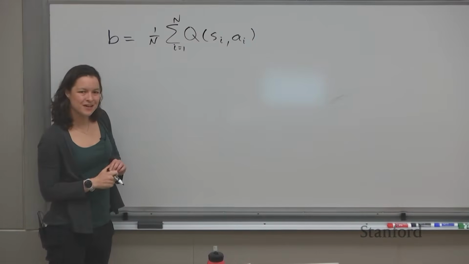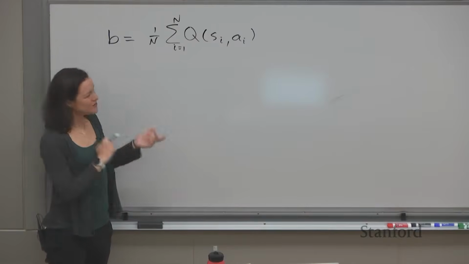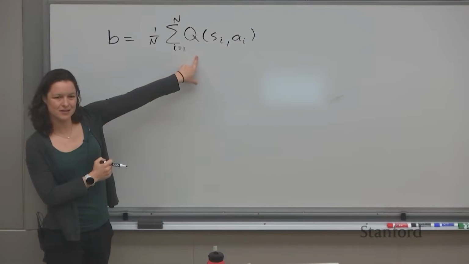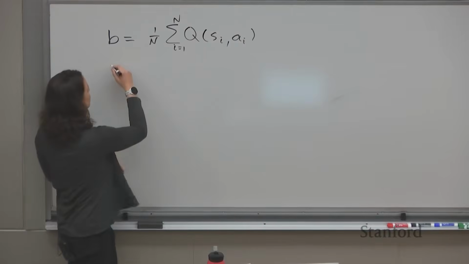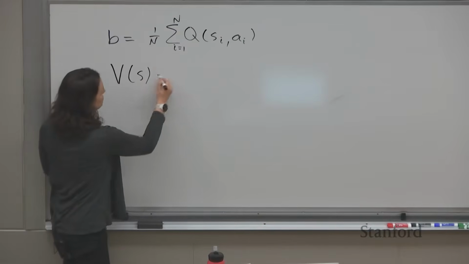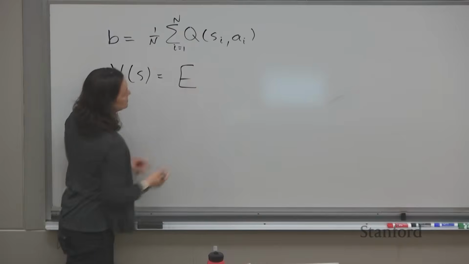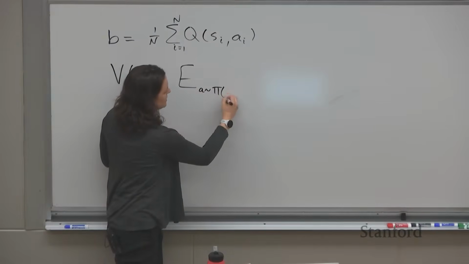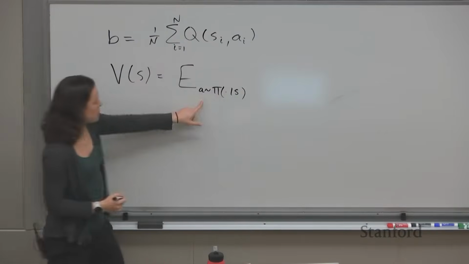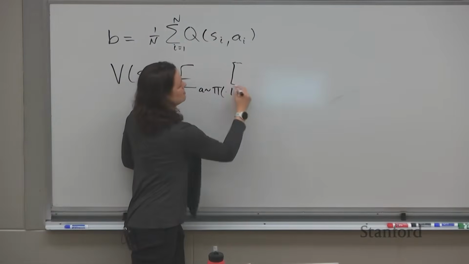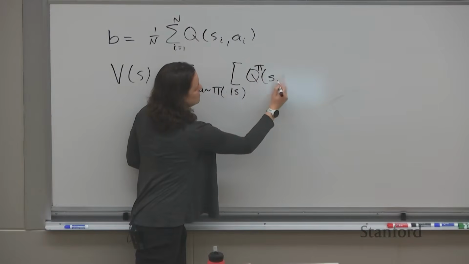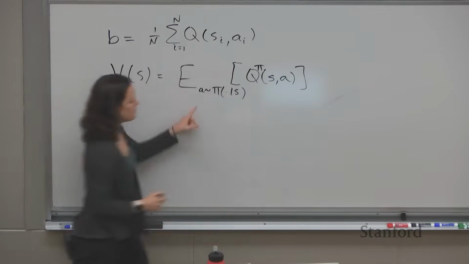And what we had talked about a few slides ago is actually looking a lot like the value function. So we talked about the value of a given state is an expectation over actions sampled from the policy for that given state of the Q function for those actions.